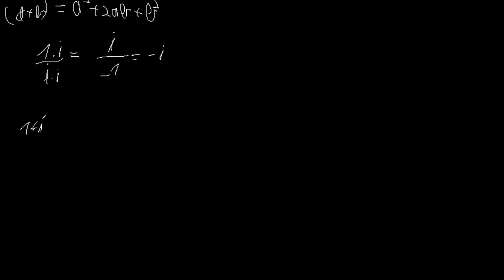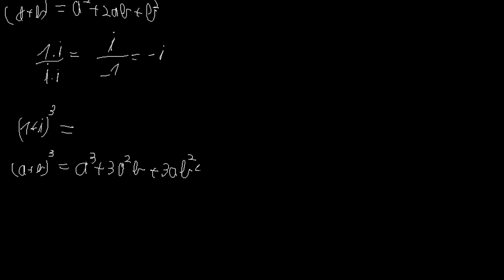1 plus i cubed equals. Now the basic formula for a plus b cubed is a cubed plus 3 times a squared times b plus 3 times ab squared plus b cubed. If you don't know this formula, I suggest you remember it.